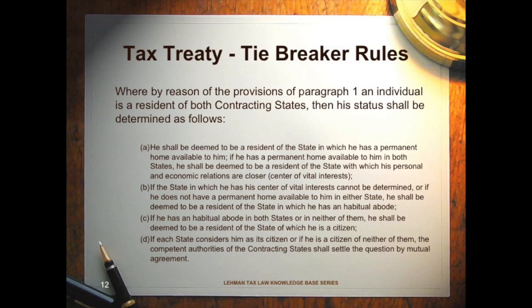But if in either one of those places you have a home and family and a business outside the U.S., and you have only a home and some family members inside the U.S. and no business, then that tiebreaker means that you are still a non-resident alien.